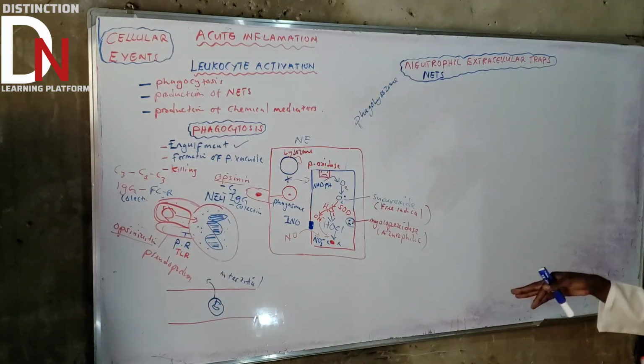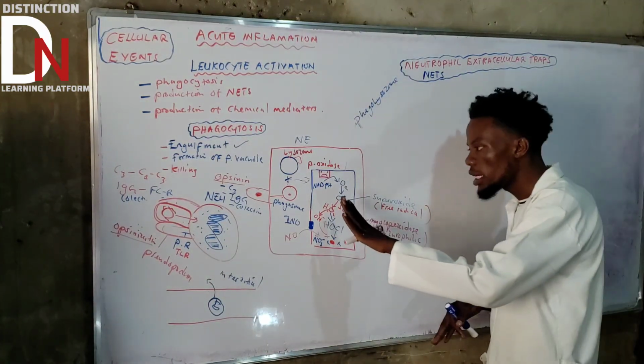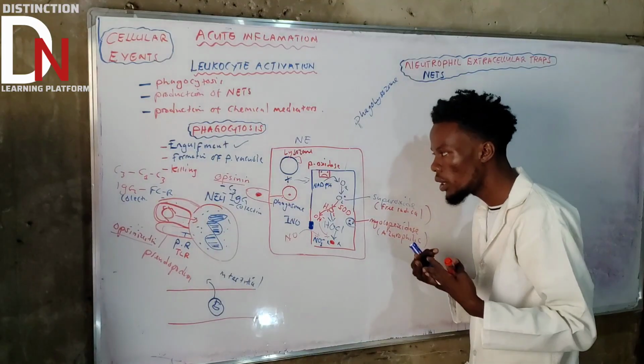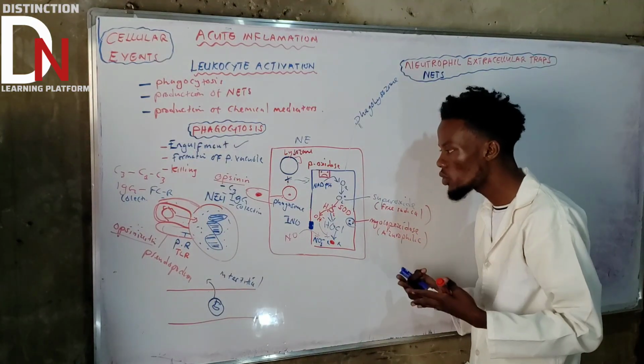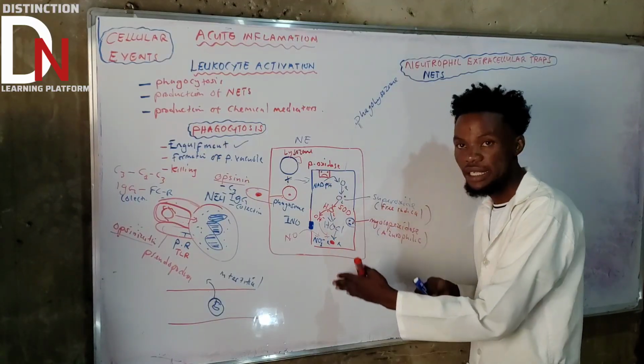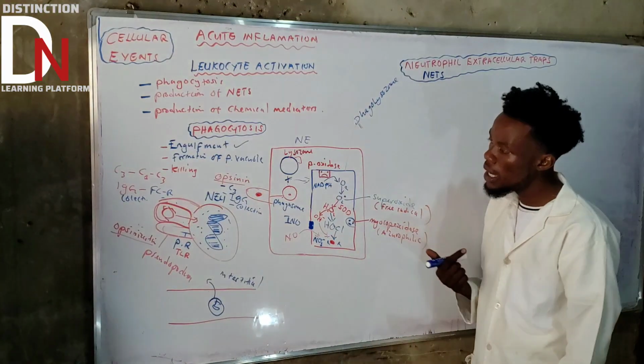All these processes. But here we are just talking about the free radicals, the mechanism in which a neutrophil, white blood cell, leukocyte, kills foreign invaders by using free radicals.